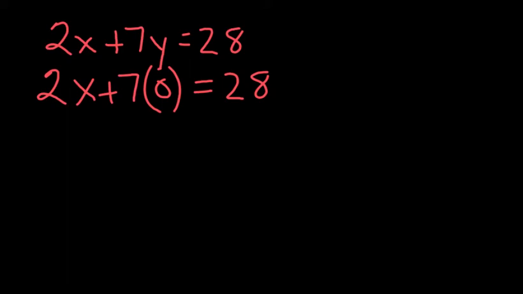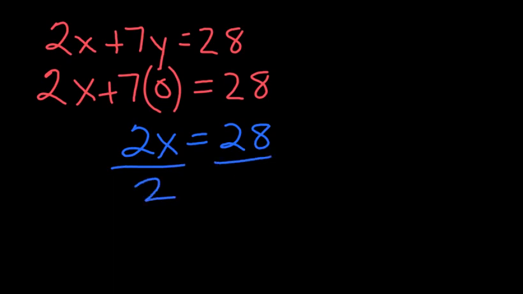And isn't 2x plus 0 just 2x? So basically, by choosing 0 to put in for y, we just eliminated that whole thing. So we just have 2x equals 28. Well, if we solve that for x, we find out that x is 14.